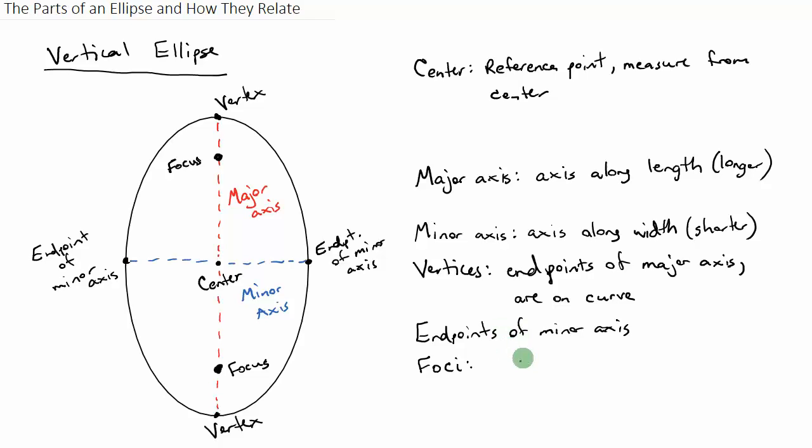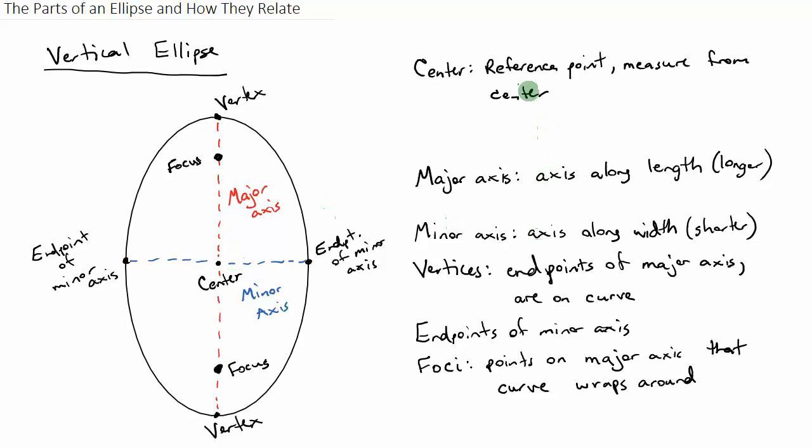And the foci are points on the major axis that the curve wraps around. Okay? So the vertices and the foci and the center are all on the major axis. Now there is a relationship between the foci, the endpoints of the minor axis, and the vertices. We'll get to that shortly.